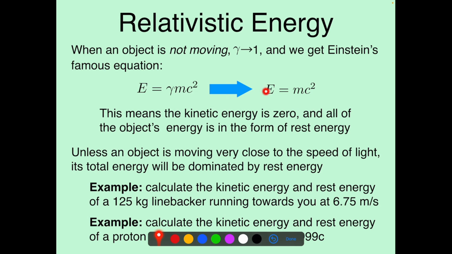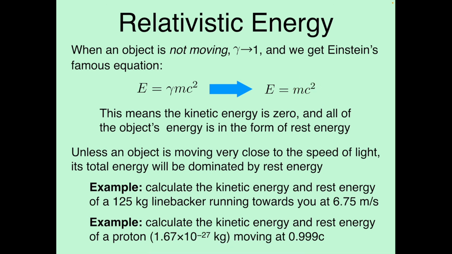So then E is equal to mc squared. That's Einstein's famous equation. That's where it comes from. And what this is saying is that if the kinetic energy is 0, all of an object's energy is in the form of rest energy. So the total energy is just the rest energy, mc squared.